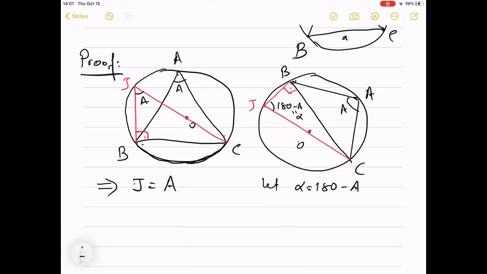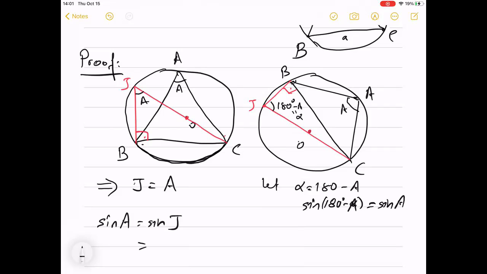So sine A in both pictures is equal to sine J, because sine of 180 minus A is sine A, a property of the sine function.